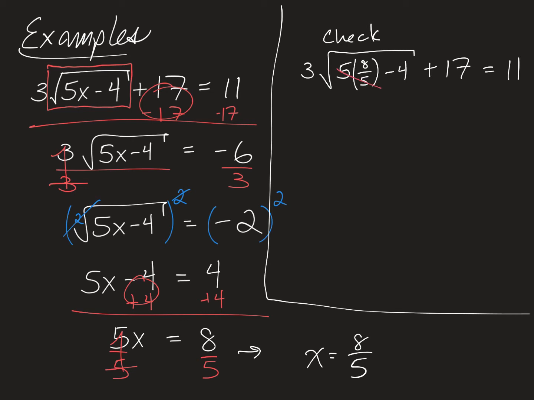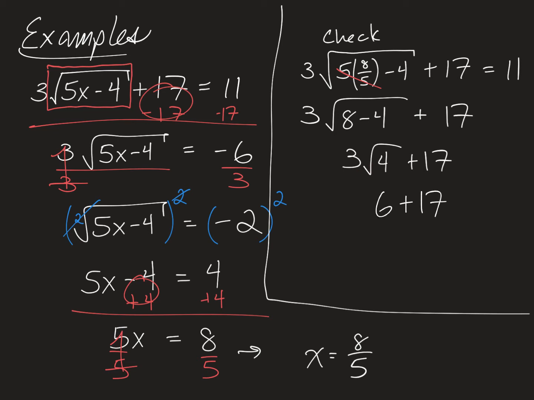The 5s here will reduce down to 1, leaving us with an 8 minus 4 in the radical, plus 17. 8 minus 4 in the radical is 4, so I have a 4 in the radical. The square root of 4 is 2, 2 times 3 is 6. So I'm just doing those at the same time. So 6 plus 17, and this 11 follows along for the ride.